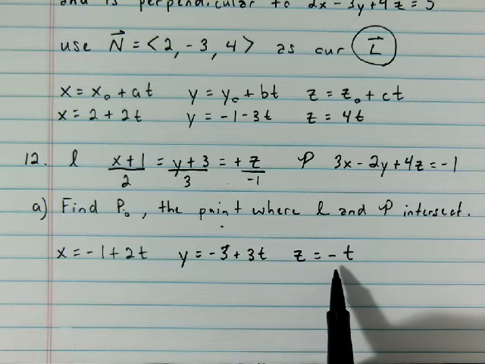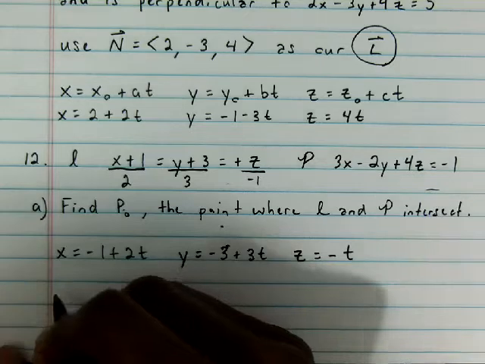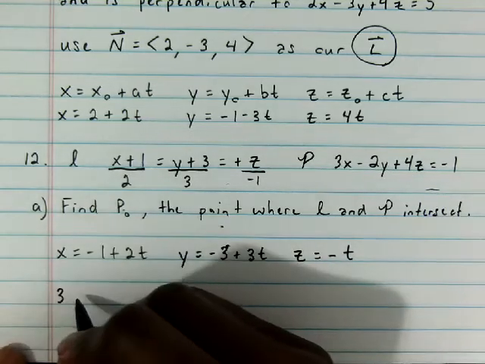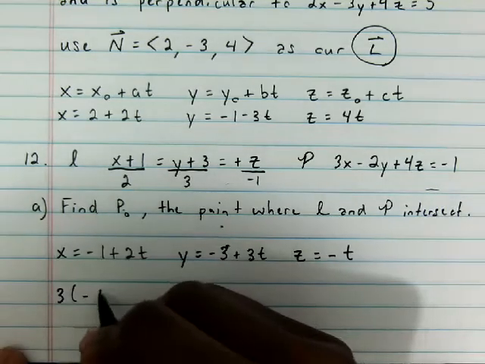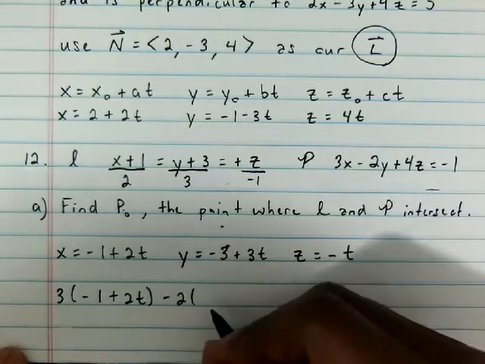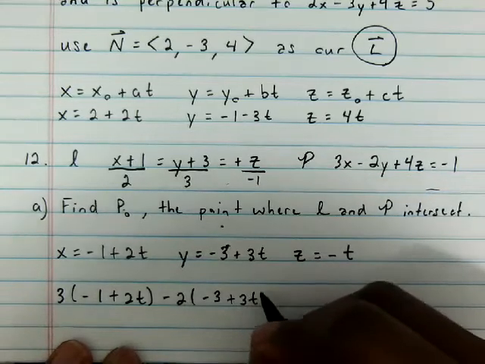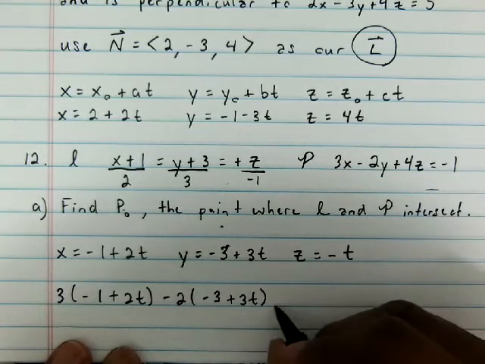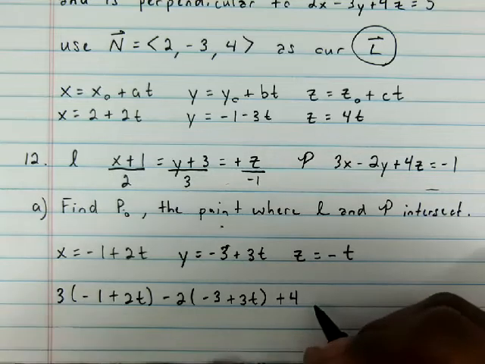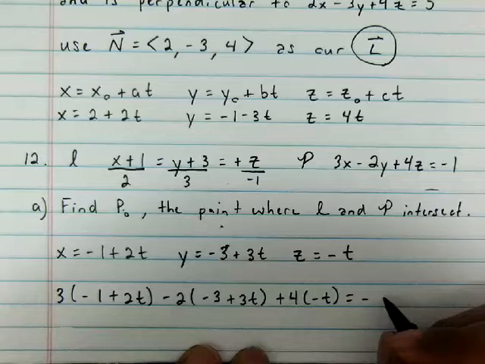So now I can clearly know what x is, y is, and what z is, and I can take those and substitute them into this equation up here. So now I have 3 times -1 plus 2t, minus 2 times -3 plus 3t, and then plus 4 times -t equals -1.